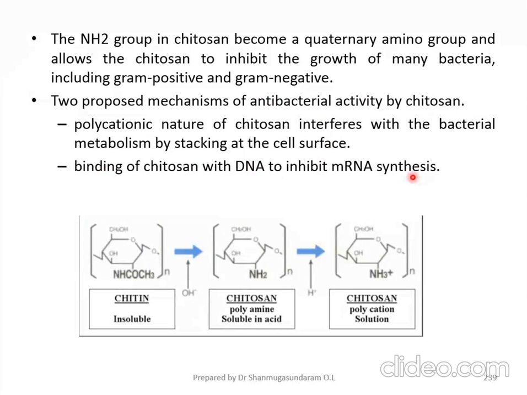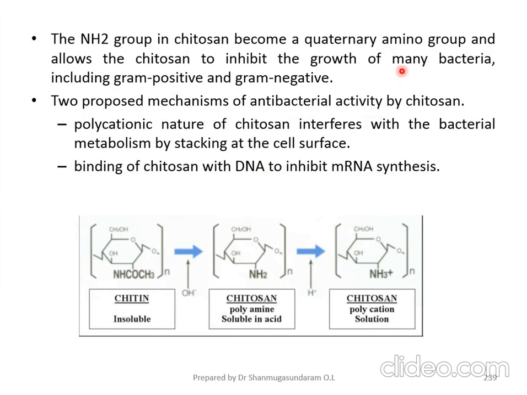So this chitosan polymer binds with the DNA present in the bacteria and inhibits RNA synthesis. These are all very important for the survival of bacteria. So once it inhibits RNA synthesis, what will happen? The bacteria will die. These are the two mechanisms proposed by the scientists, and they claim that this chitosan polymer has good antibacterial activity.